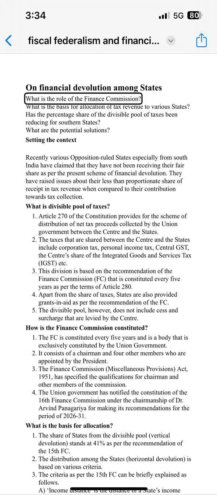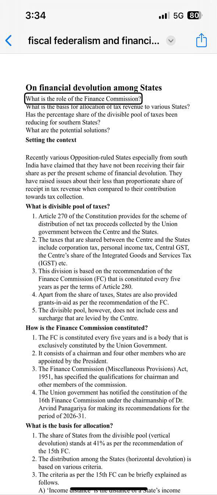What is the role of the Finance Commission and how is it constituted? Under Article 280, every 5 years, the Finance Commission is supposed to be constituted by the Union Government, and the chairman and the 4 members have to be appointed by the President of India, which is specified under Article 280.